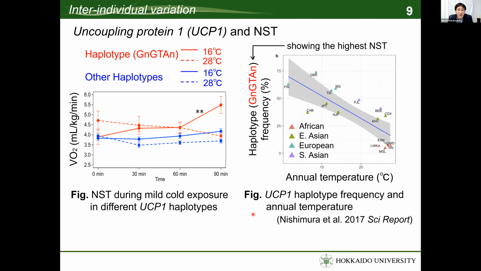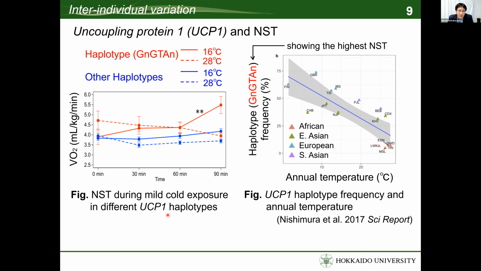Then another group focused on the variation in uncoupling protein 1, UCP1, that is located in the inner membrane of the mitochondria in the BAT and plays a role in regulating thermogenesis.